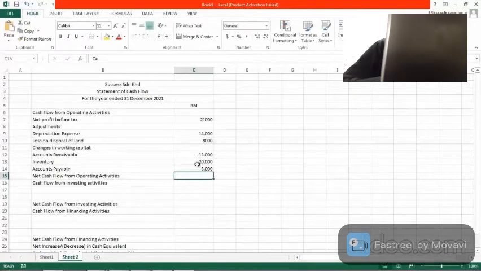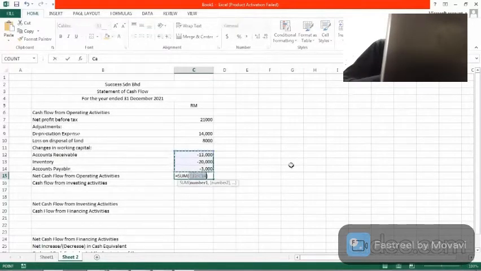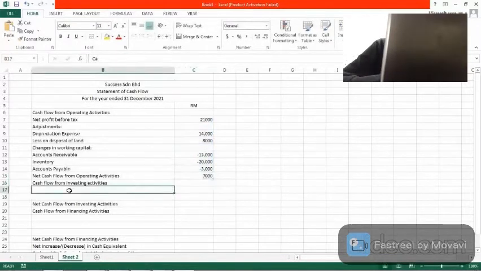So here we will get the net cash flow from operating activities, 7,000.